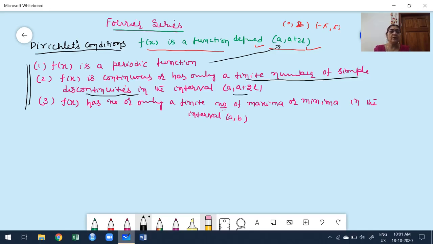And also the function may have a finite number of maximum or minimum values in the corresponding interval a comma a plus 2l, or it may not have any maxima or minima in the interval. Once you satisfy these conditions, then we move to construct the Fourier series for the function in the corresponding interval.